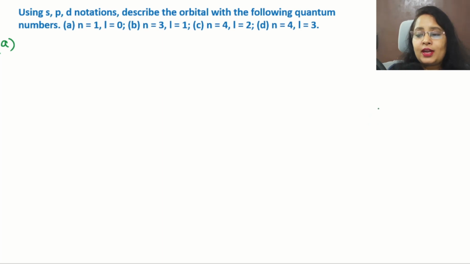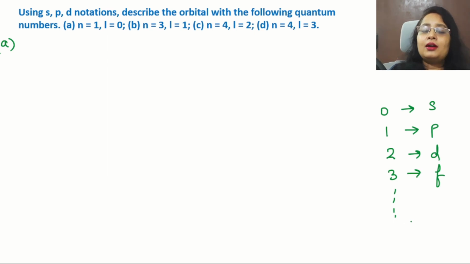If the value of l is 0, the orbital will be s. If the value of l is 1, the orbital will be p. If it is 2, it will be d. 3, it will be f, and so on. So if we know the l value, we can easily get what the orbital will be.